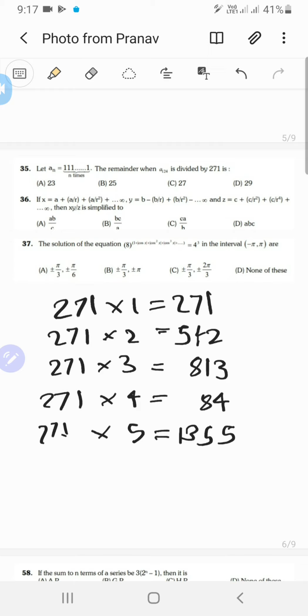Okay. What about I write it as 111 plus 1, something like that? There has to be something special about 271. Is this a multiple of 3? Well, no, it's not. Is this a prime number or is it composite?